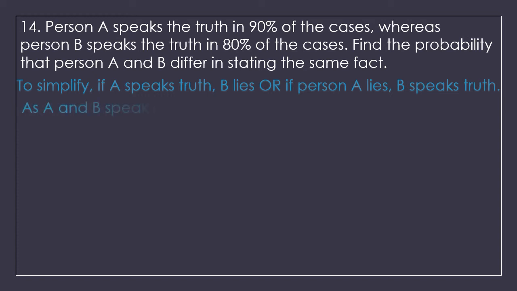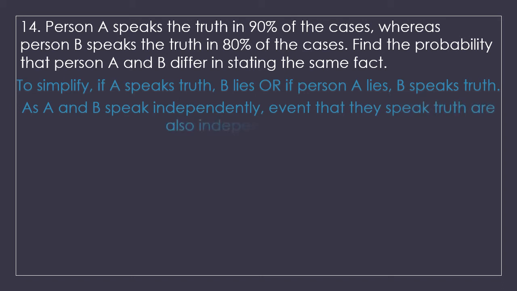Let us start with the events, but before, let's clarify again that A and B speak independently. So the events that they speak truth are also independent events, and the events where they lie are also independent events. I explained that when I explained the law of multiplication. So there are two persons, so they are independent.